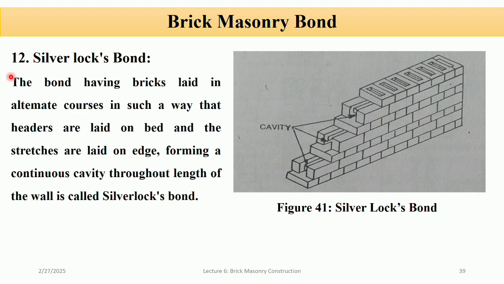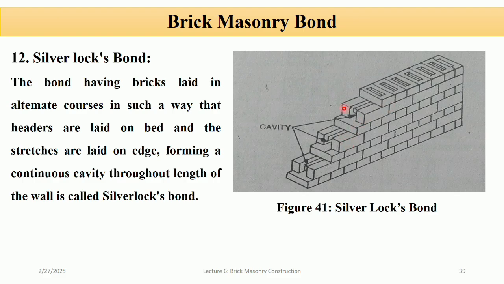Silverlock bond. The bond having bricks laid in alternate courses in such a way that headers are laid on bed and the stretchers are laid on edge, forming a continuous cavity throughout the length of the wall, is called silverlock bond.